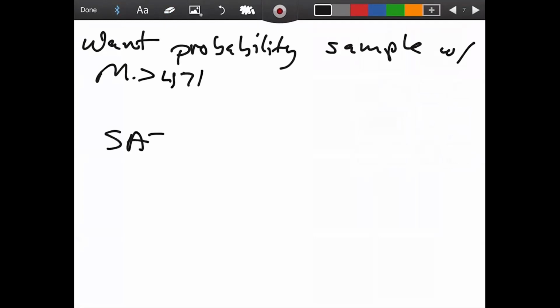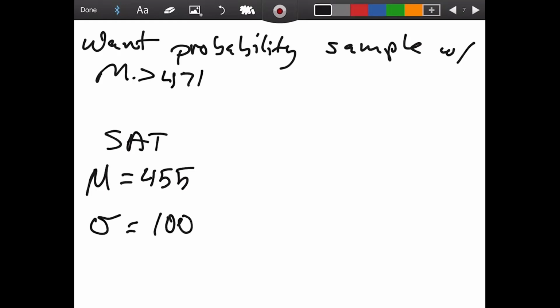And in this case, we know that the SAT has a population mean of 455 and a population standard deviation of 100. So, what do we need first? The z-score. Yes, we're going to have to find that z-score.